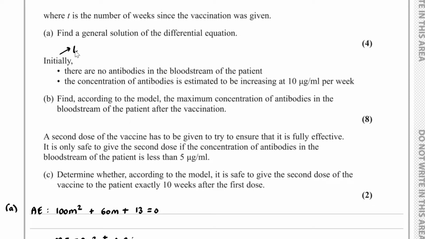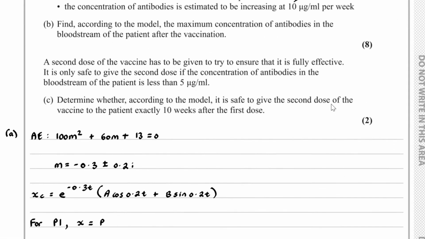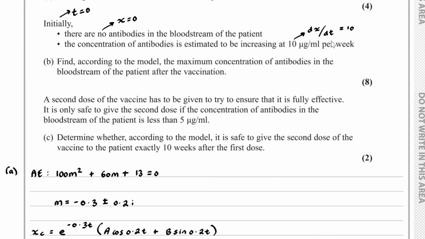The word initially suggests to us t equals 0, and we know already there's no antibodies initially, so x is equal to 0, and the concentration of the antibodies, we've got a rate over here which it's increasing by. So here you can see dx over dt equals 10, and we can use these initial conditions to help form the particular solution. So before we do anything, it might be a good idea to work out what dx over dt is.